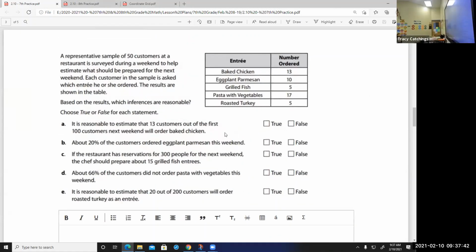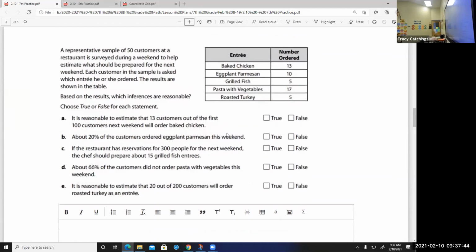All right, can someone read this to us? A representative sample of 50 customers at a restaurant is surveyed during a weekend to help estimate what should be prepared for the next weekend. Each customer in the sample is asked which entree he or she ordered.